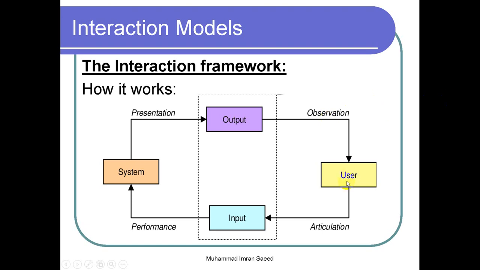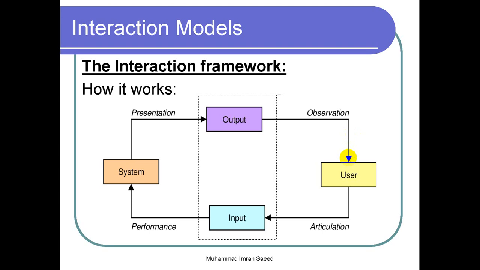So again, the user clicks the button, the input goes to the system, it performs, then it shows that picture in a very small icon somewhere on the screen. That is the output, and the user observes from that. So that is how the interaction model works.